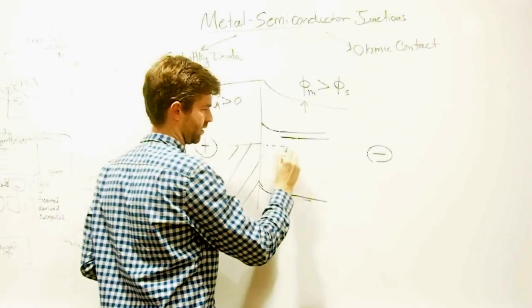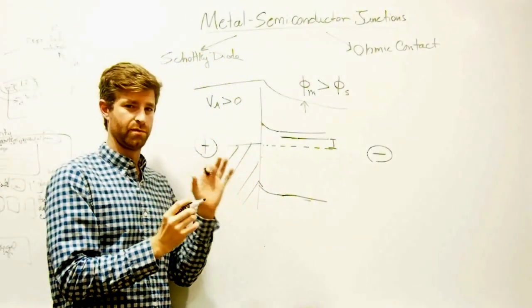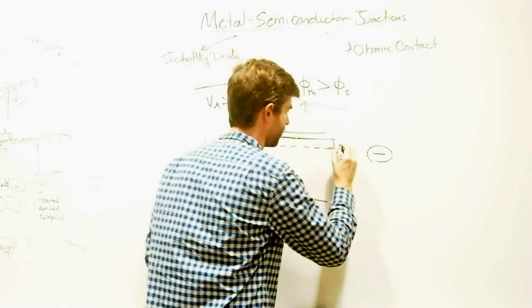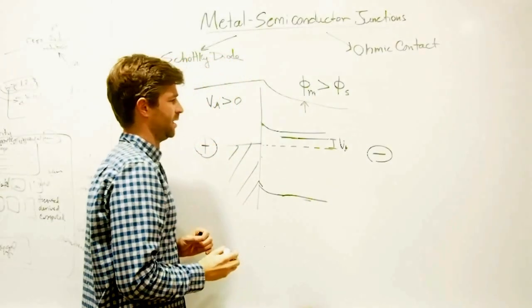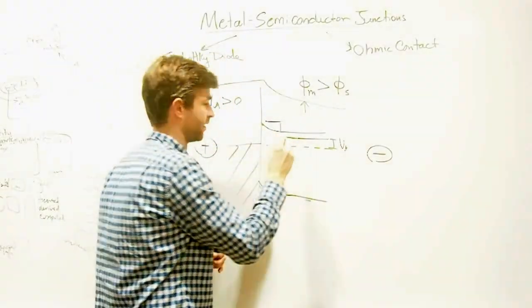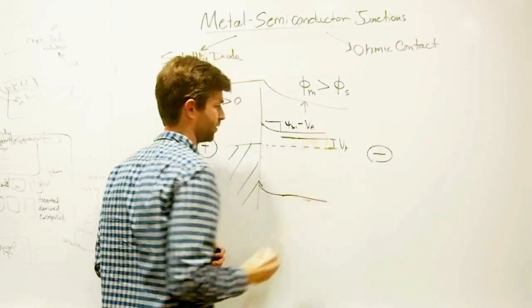So we see here there's this new potential difference between the two quasi-Fermi levels, and that's going to be our V applied. And now our potential across the semiconductor is our built-in potential minus our applied voltage, just like that.